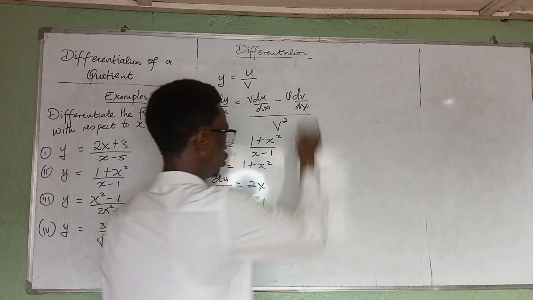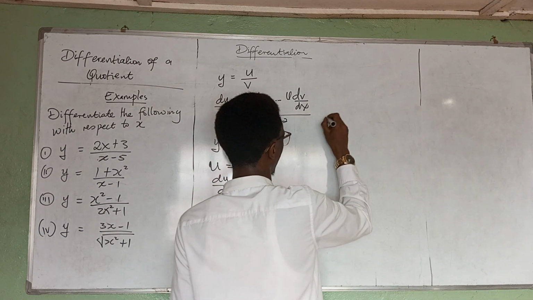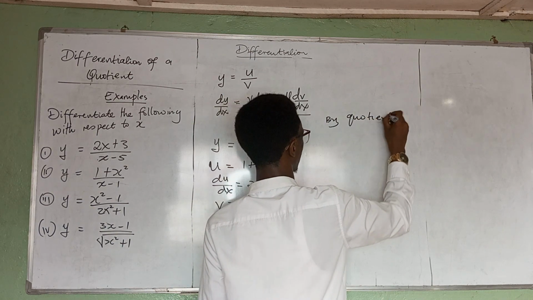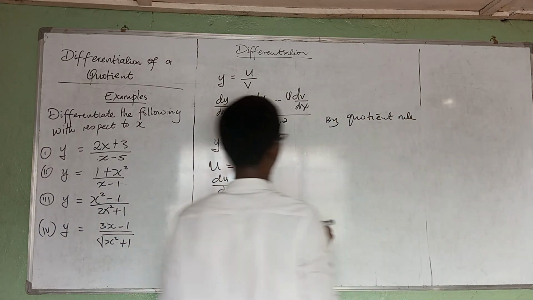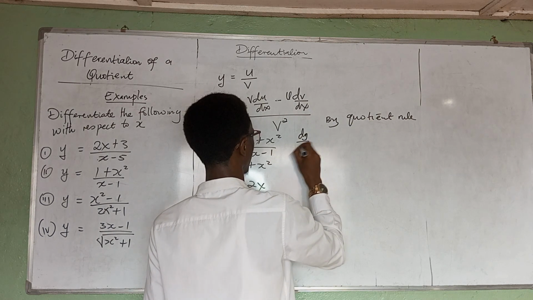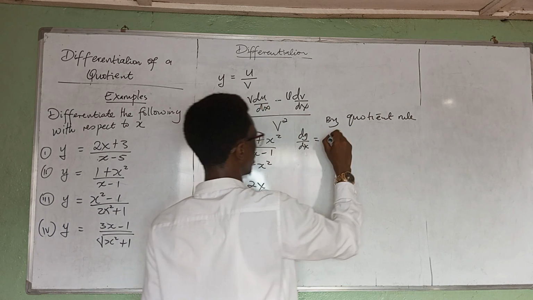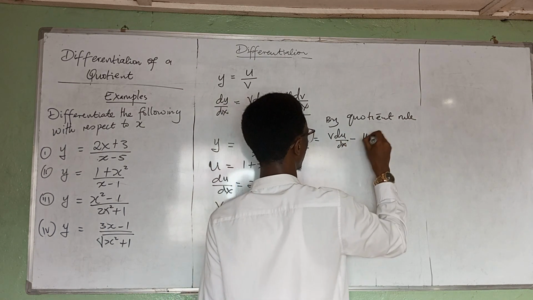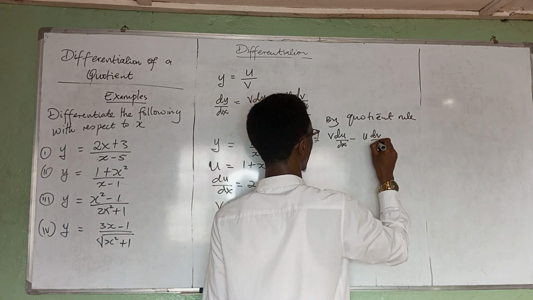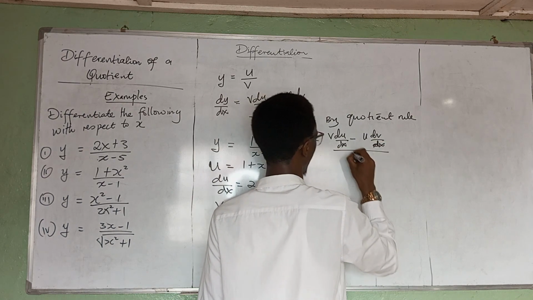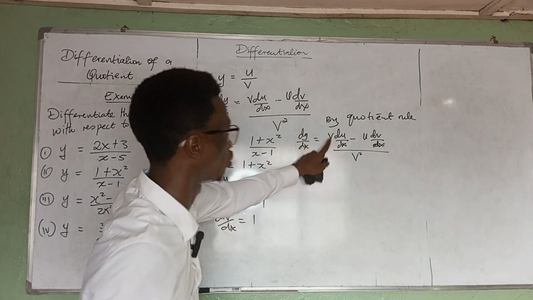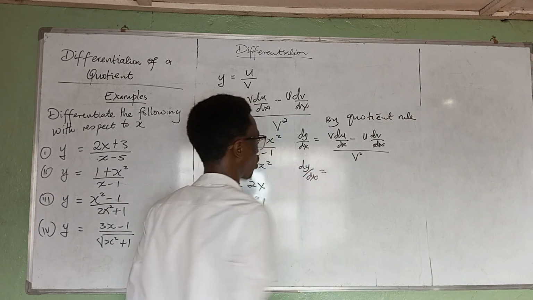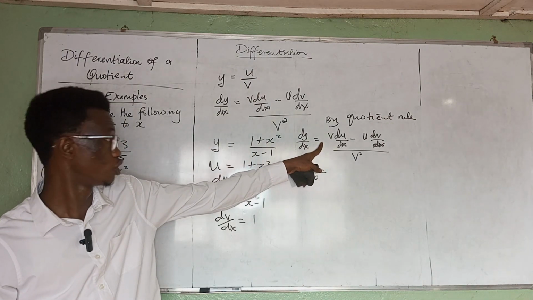Once you are done, use the formula by quotient, which says dy by dx equals v du by dx minus u dv by dx, everything by v square. So what's your v?